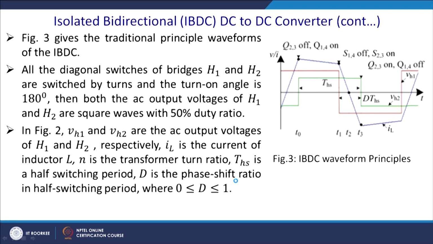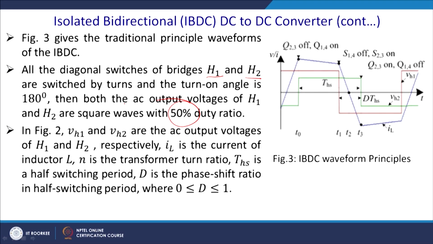So, we can see the waveform. Figure 3 gives the traditional principle waveform of IBDC. You can see all the diagonal switches of the bridges H1 and H2 are switched by turns, and the turn on angle is 180 degrees. Then both the AC output voltages VH1 and VH2 are square waves, assuming a 50% duty cycle.